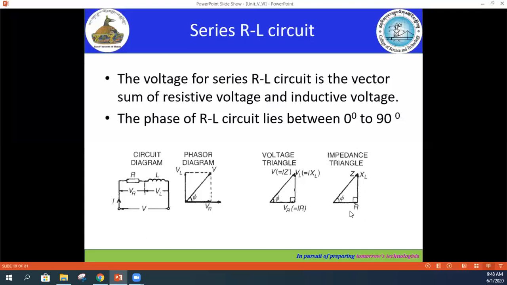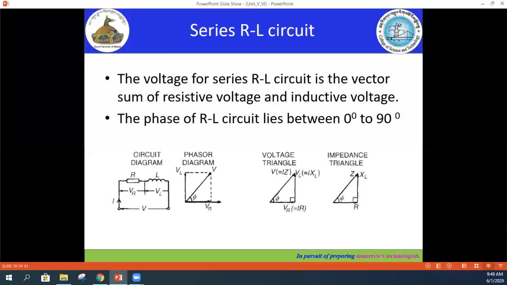So VR is given by I times the resistance, and VL is given by I times the inductive reactance. If we again combine this R and XL, you get the value Z. This Z is called the impedance in our electrical language.